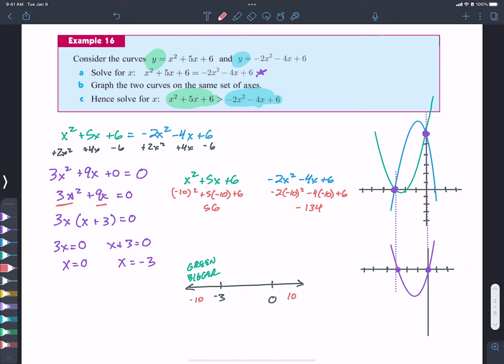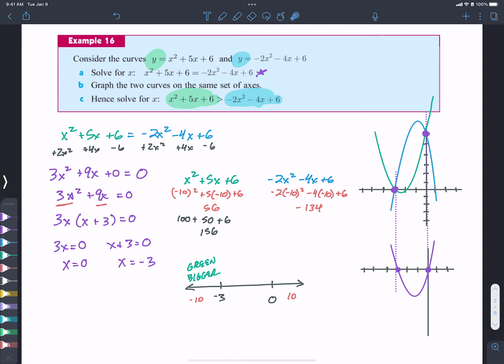And I could do the same thing out here. I could just pick a positive 10 out here. I could pick 1. I could pick anything. But since I already did negative 10, it makes sense to just as easily do positive 10. So I'm still going to have 100. Now we're going to have 100 plus positive 10, so that's going to be plus 50 plus 6. So I get 156.